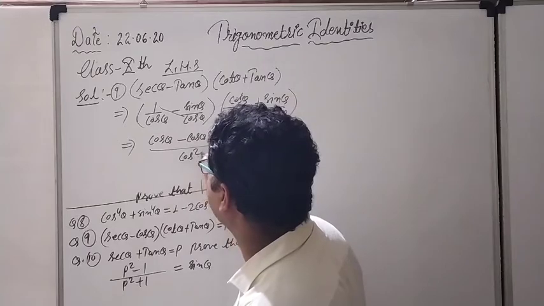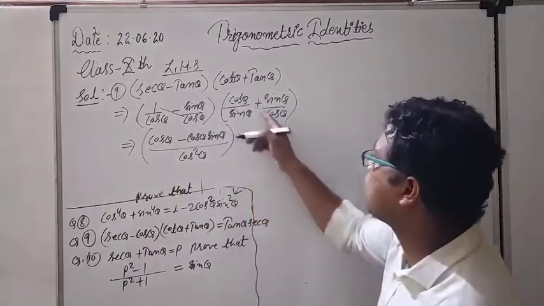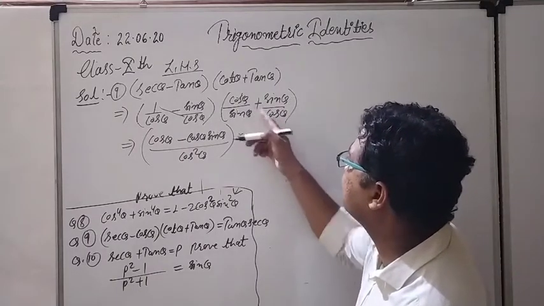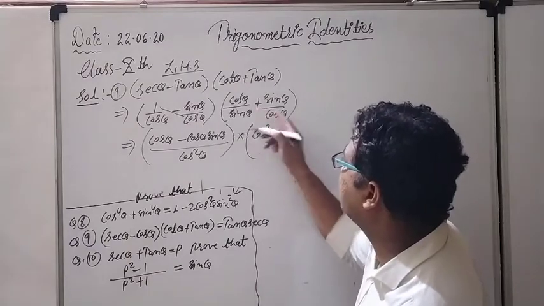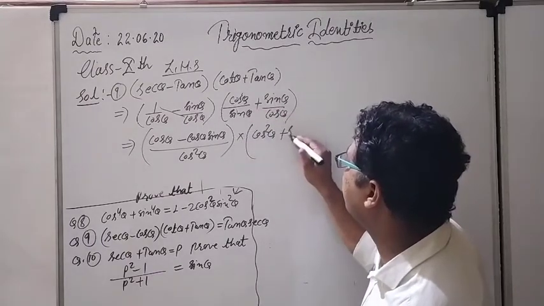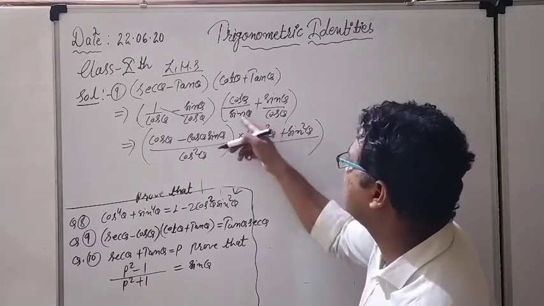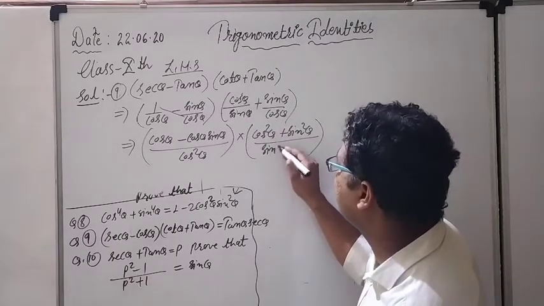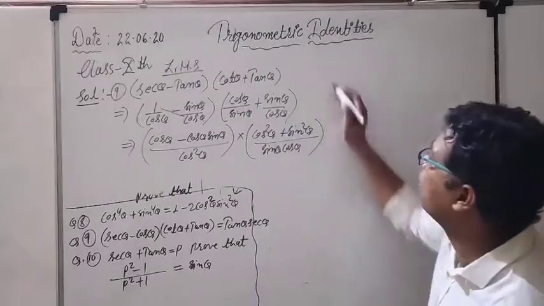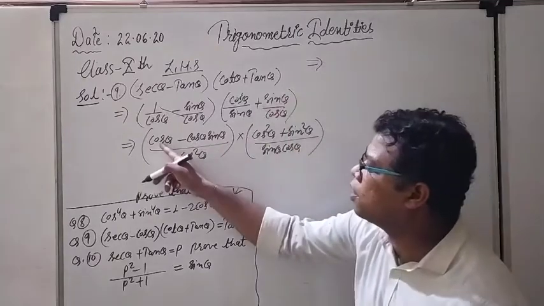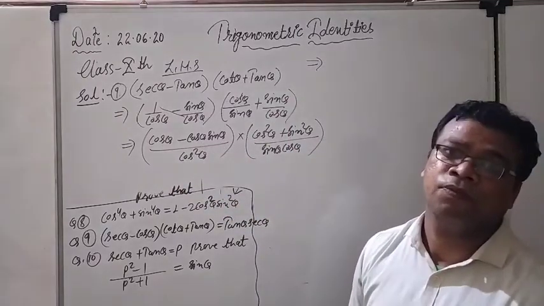It can be written inside one bracket, into, here you can see cos theta into cos theta, so cos square theta, plus sin theta into sin square theta, upon what is there in the denominator again, sin theta cos theta. And after that, if you look, here cos theta minus cos theta sin theta, what could be done, what to do?